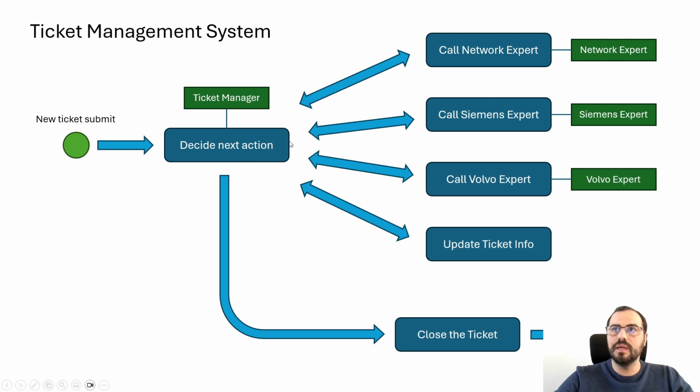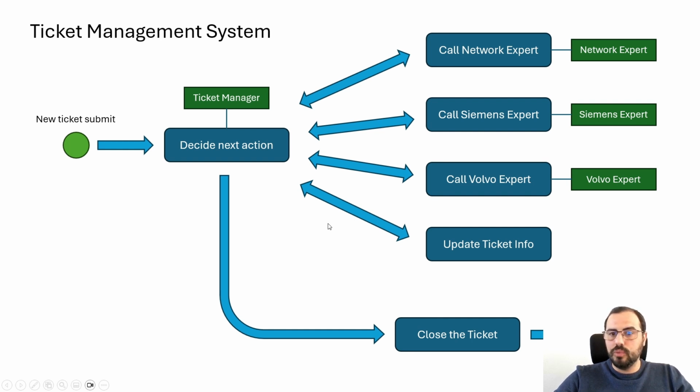So he can always decide what the next action is on each step. And of course, when the ticket is closed, this process is closed, so it doesn't go back to him.